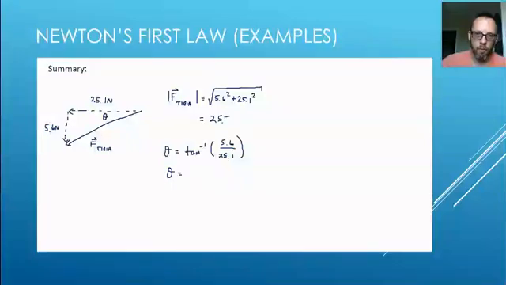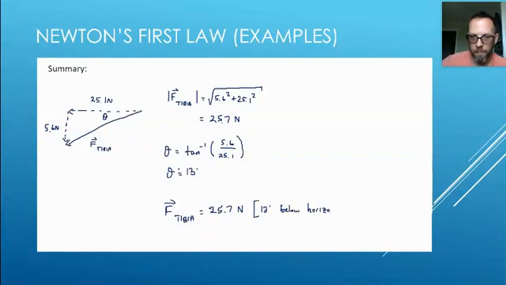About 25.7 newtons. And the angle, 5.6 divided by 25.1, inverse tan, about 13 degrees. So we can conclude F tibia equals 25.7 newtons, and it's 13 degrees below the horizontal. To the left, I should say.